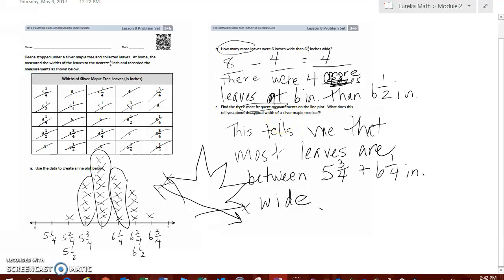So that's what your homework's going to ask you to do. Oh, the other thing I forgot to mention is just a reminder to check your work. Look at this table. You've got 1, 2, 3, 4, 5 rows, 5 in each row. So 5 times 5 is 25 X's. We should go back and double check. Do we have 25? So like 2, 4, 6, 8, 10, 12, 14, 16, 18, 20, 22, 24, 25.